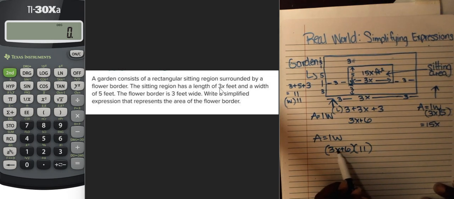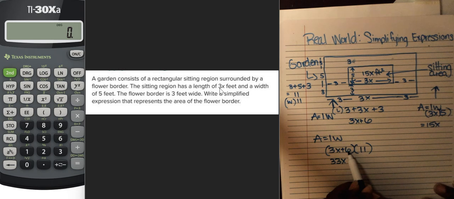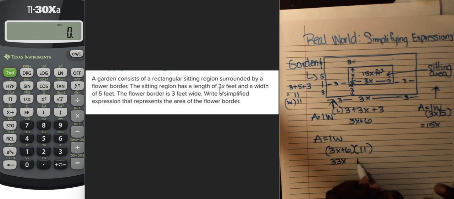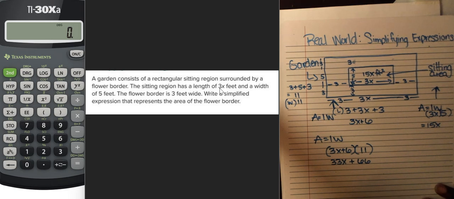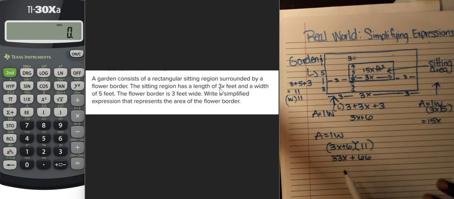So 3x times 11 is 33x. Okay. And then 6 times 11 is 66. And this is a positive and a positive, so we're going to keep that as a positive. This was also positive and positive, which is why that stayed positive. So the area of the entire garden is 33x plus 66.